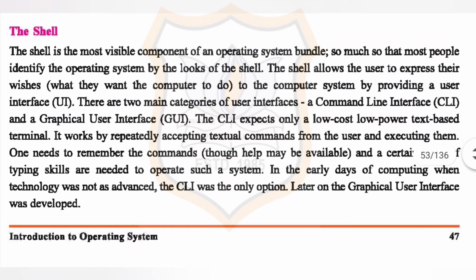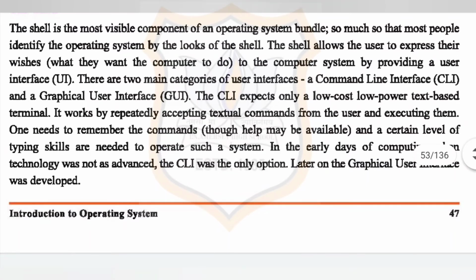The shell. Shell is the most visible component of an operating system bundle, so much so that most people identify the operating system by the looks of the shell. Shell allows the user to express their wishes, what they want the computer to do, to the computer system by providing a user interface, UI.